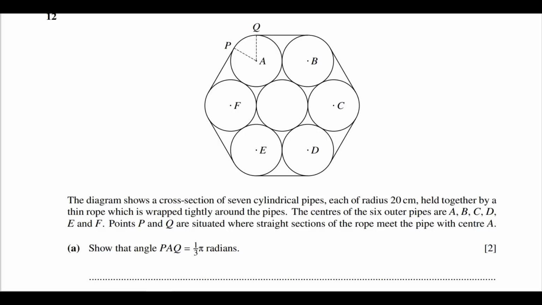The centers of the 6 outer pipes are A, B, C, D, E and F. Points P and Q are situated where straight sections of the rope meet the pipe with center A. Show that angle PAQ is equal to 1 over 3 pi radians. So angle in a circle is 2 pi. Because it's given in radians, we will take it as 2 pi.